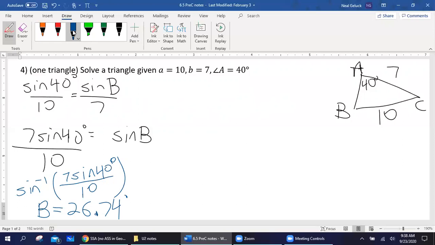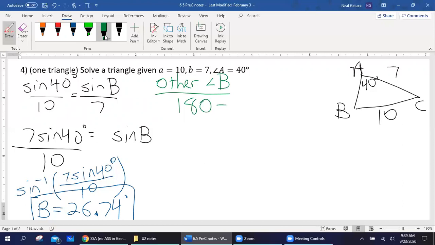So I got an answer. What does that tell me? That tells me that there is at least one triangle. I'd have to check to see if there's a second one. So here's where it gets tricky. The other option for angle B is going to be 180 minus the angle I found for angle B. That is the other option.